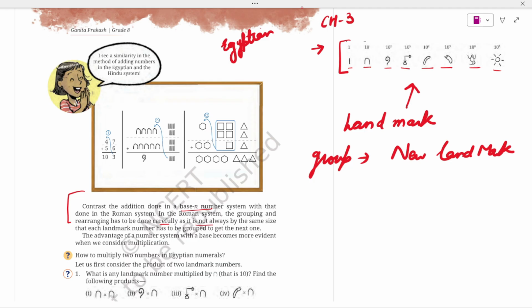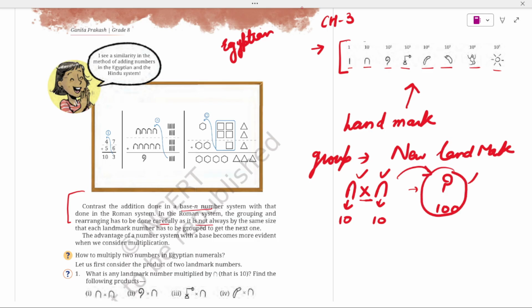Like, I'm multiplying this and this. What is the symbol? It's the symbol of 10. This is also a symbol of 10, and the answer will obviously be 100, which is this symbol. These two landmark numbers were grouped together and the result is again a landmark number.